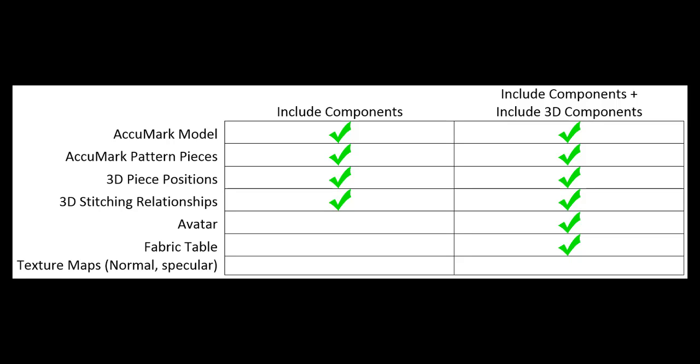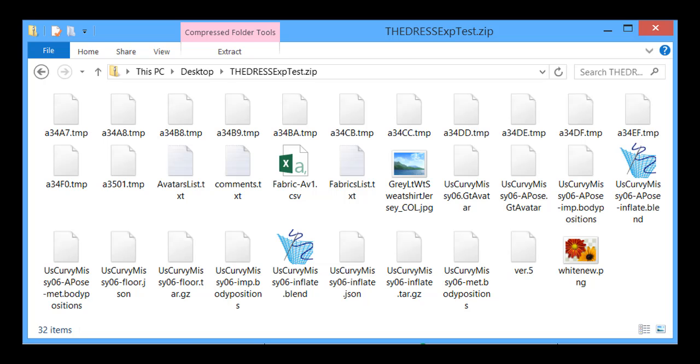So we went back and we made a revision to this feature to allow users to use include 3D components, and it will only include the 3D components that relate to the model or models you are zipping at that time. So in the past, what include 3D components did was it tried to go through your system and sweep up and collect all of your fabric tables and avatars and everything in your fabrics folder.